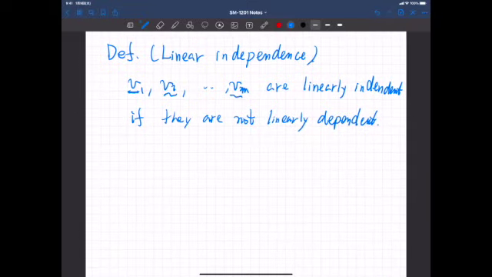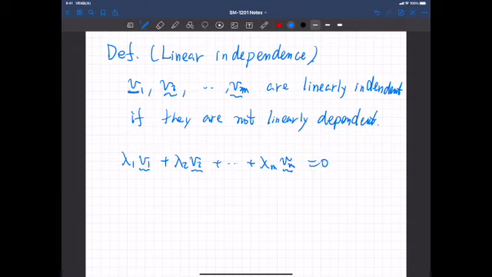If lambda 1 v1, lambda 2 v2, and lambda m vm is 0, then it means lambda 1, lambda 2, they are all equal to 0.